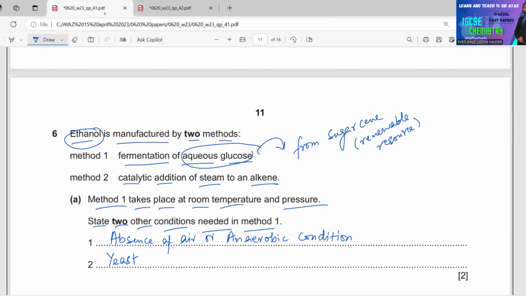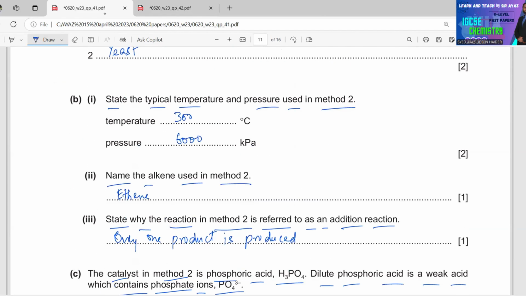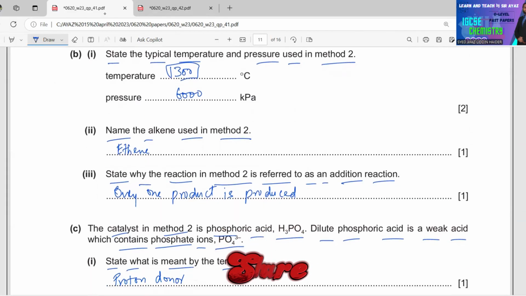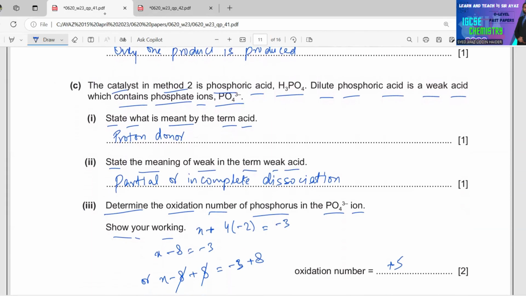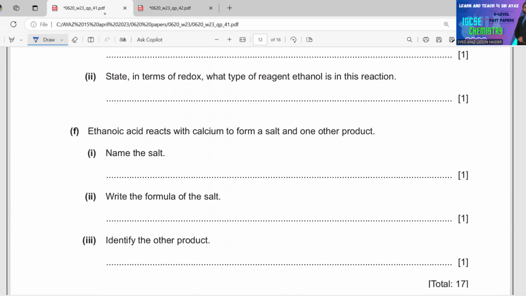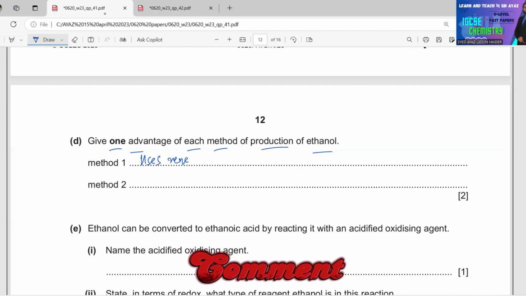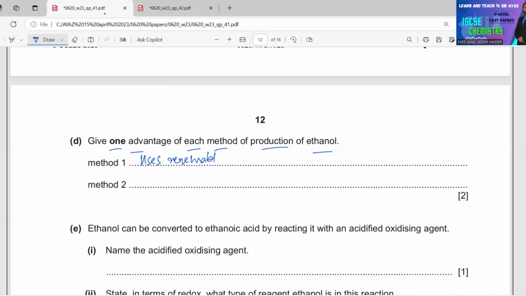What about method number 2? We are getting only one product. That's a pure product. You can even say the rate of reaction will be high because of the temperature. If you look at the temperature is 300 degrees centigrade. So method 2, you can write high rate of reaction or only one product obtained. So method 1, you will write uses renewable resources.